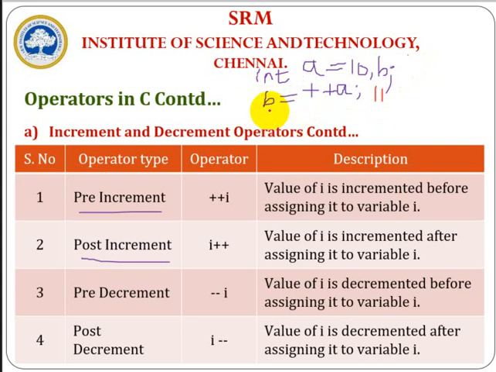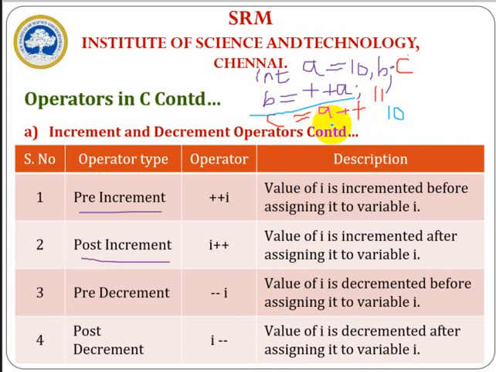And suppose I also declare one more variable c. If I give c equal to a++, the output of c is nothing but just 10. Okay, so that is the difference. Why? Because just assume that this is a different statement and this is another statement. It's not going to be a continuous one.